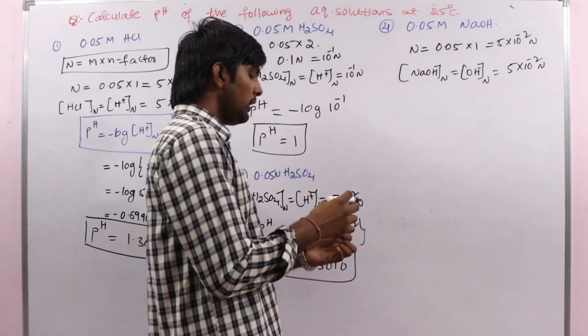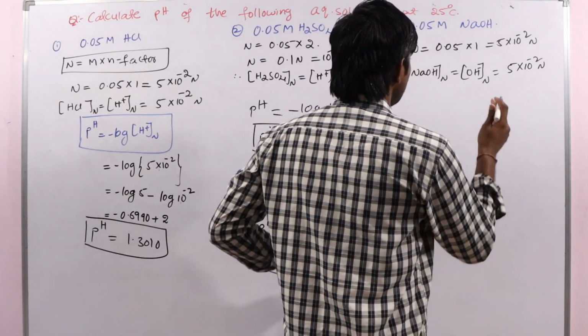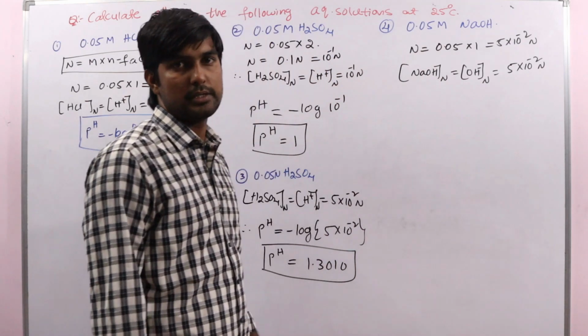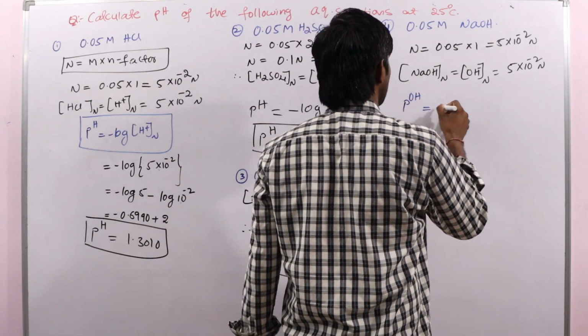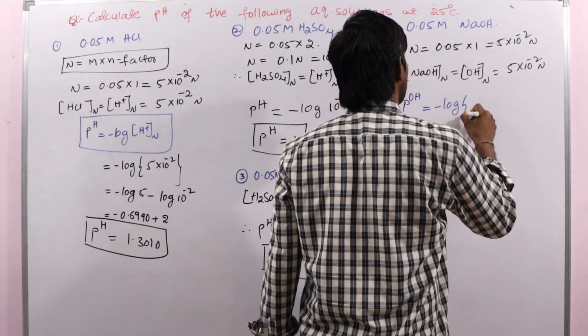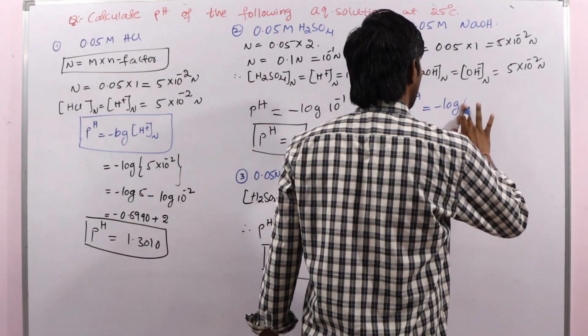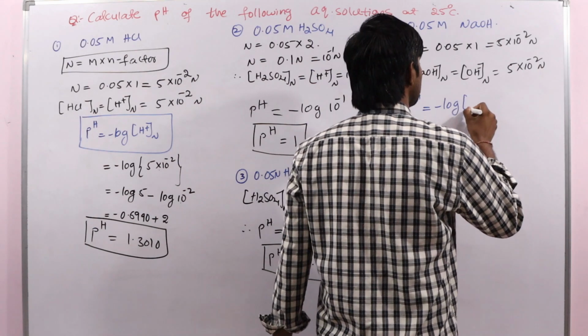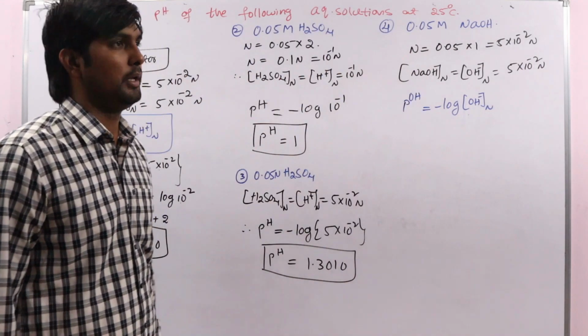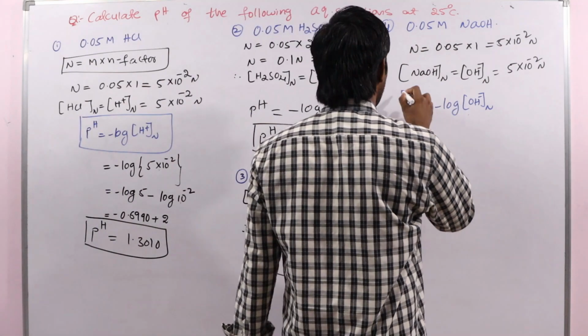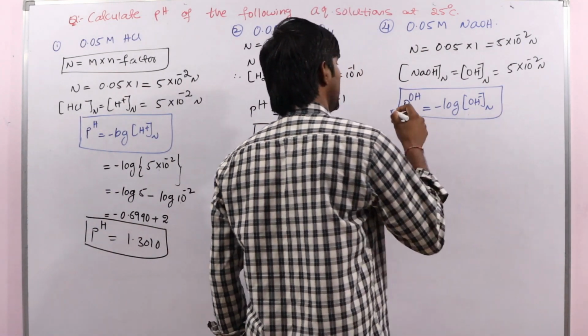Okay, so here we have the OH minus ion concentration, which means first we should calculate pOH, that is equal to minus log concentration of OH minus ions. Okay, concentration of OH minus ions expressed in normality. So this is the formula to calculate pOH.